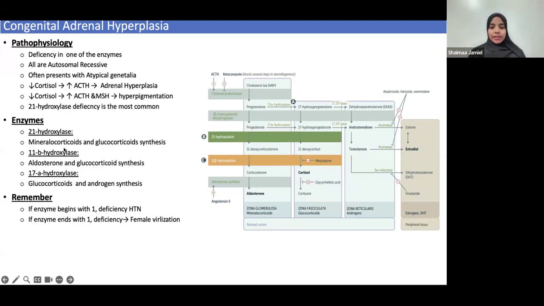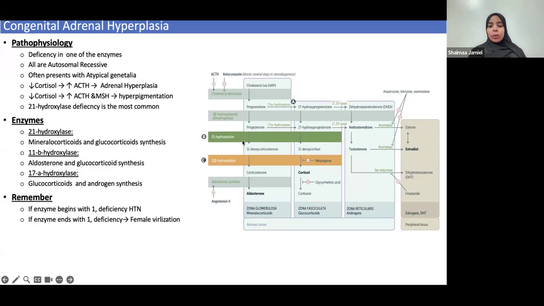The next one is the 11-beta-hydroxylase. As we said, with 11-beta-hydroxylase deficiency, you're going to have decreased aldosterone and glucocorticoids. However, you're going to have increased 11-deoxycorticosterone. Why is that important? Because again, there's going to be increased stimulation of ACTH.